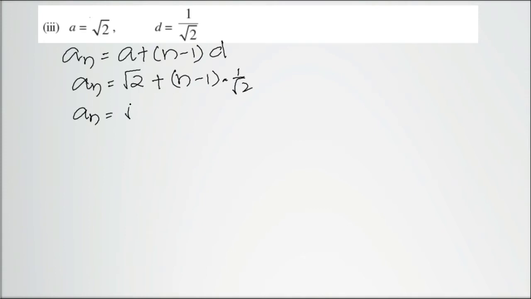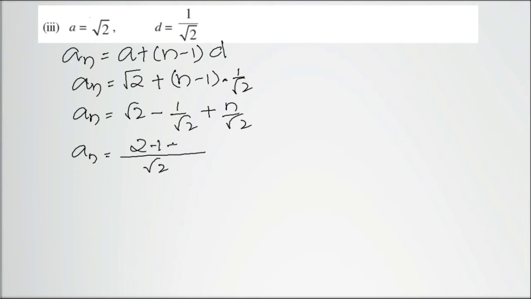So the nth term is root 2 minus 1 by root 2 plus n by root 2. If you look at, root 2 is the LCM, so it becomes 2 minus 1 plus n, which will be 1 plus n by root 2. This will be the nth term.